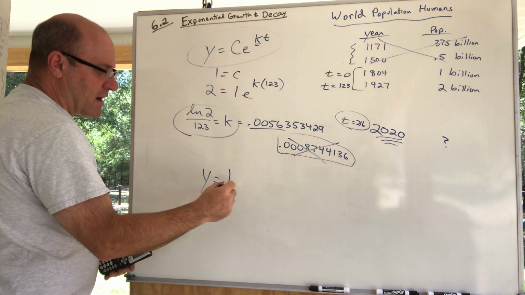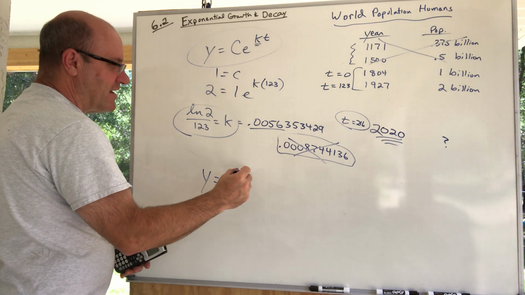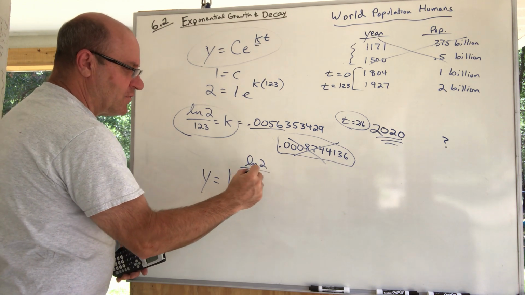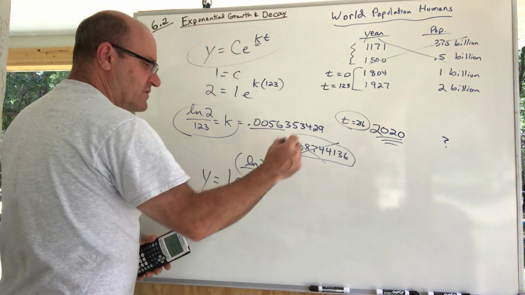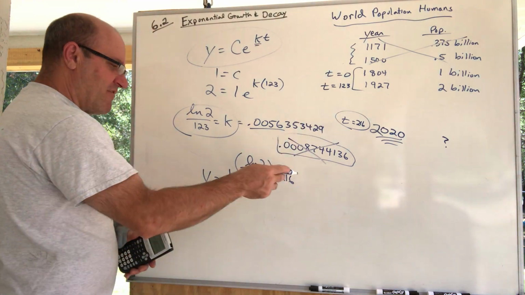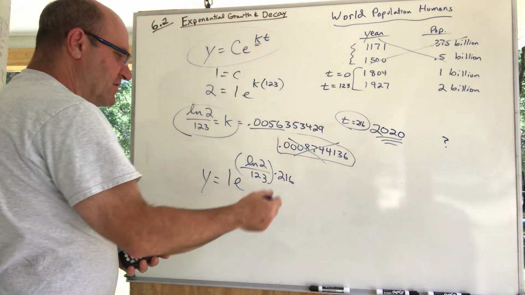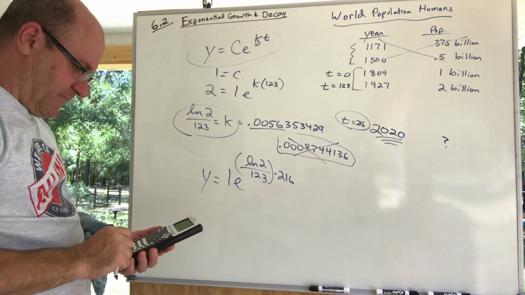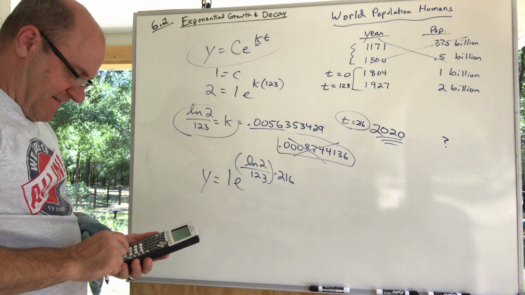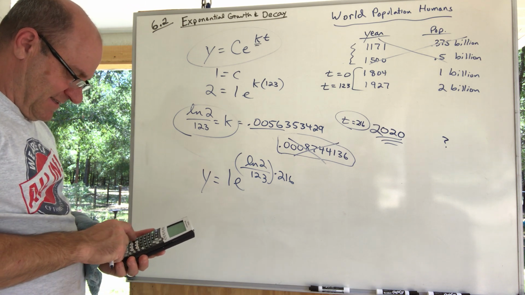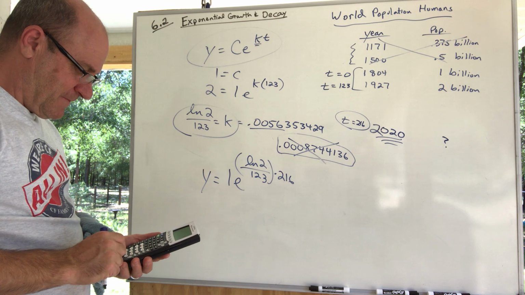You don't have to write 1, but I do for fun. K is this natural log of 2 over 123 multiplied by the t, which is 216. And we have a new model for population growth, and this will predict the future. Let's see what happens.